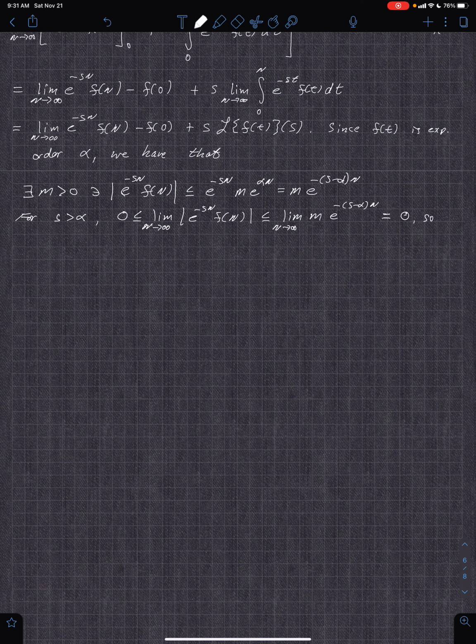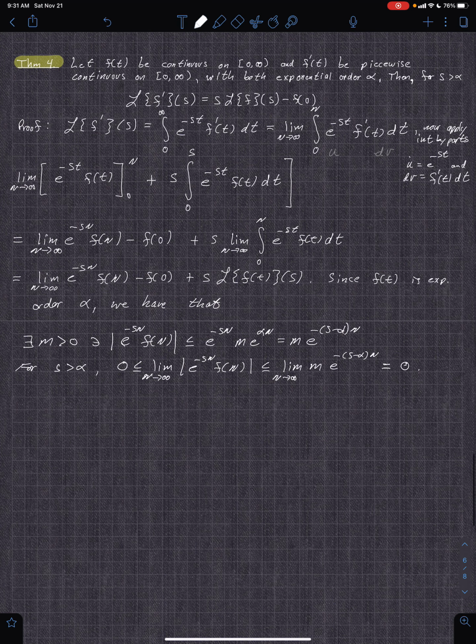So this limit is 0, which you just bring over here. All right, so that's it. I don't need a conclusion, really. You can state the conclusion next, but we'll save some time. So therefore, you have the statement.